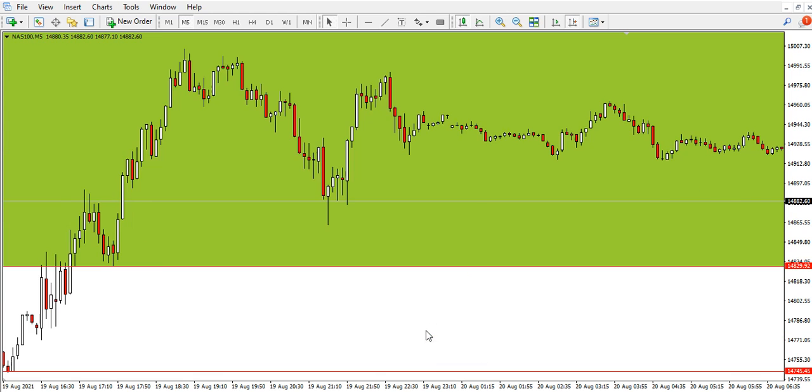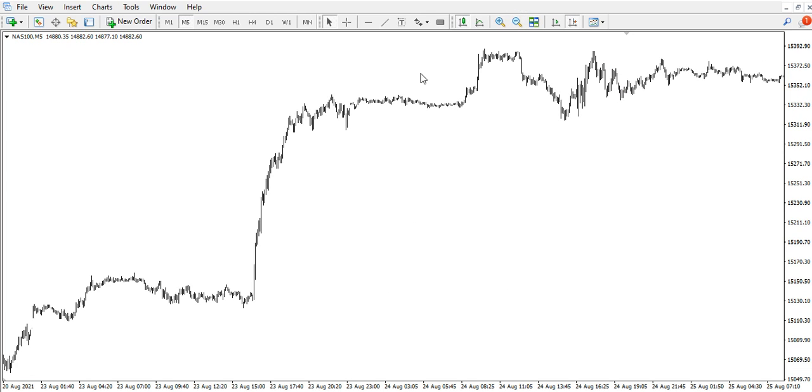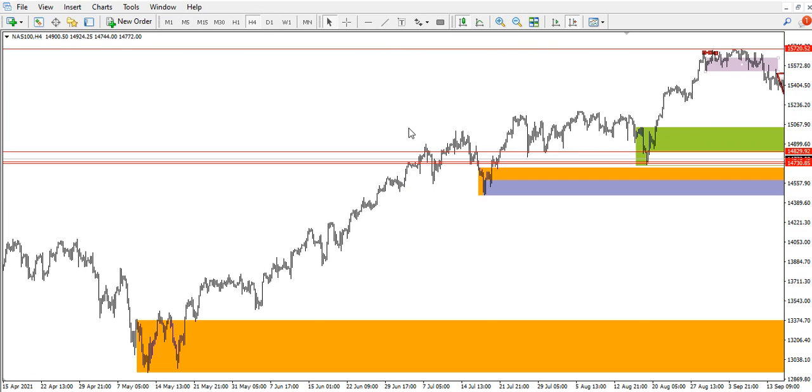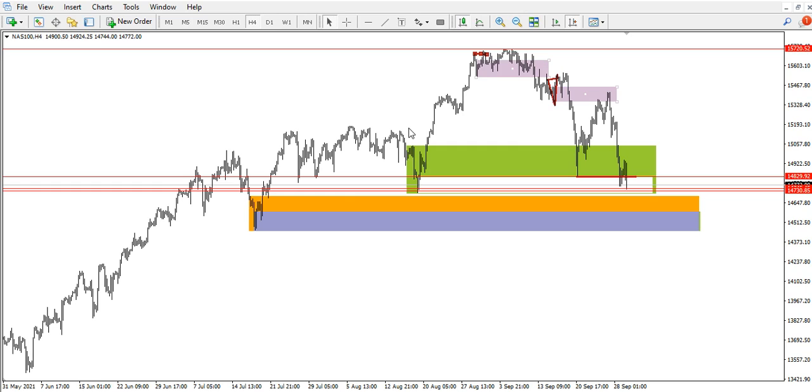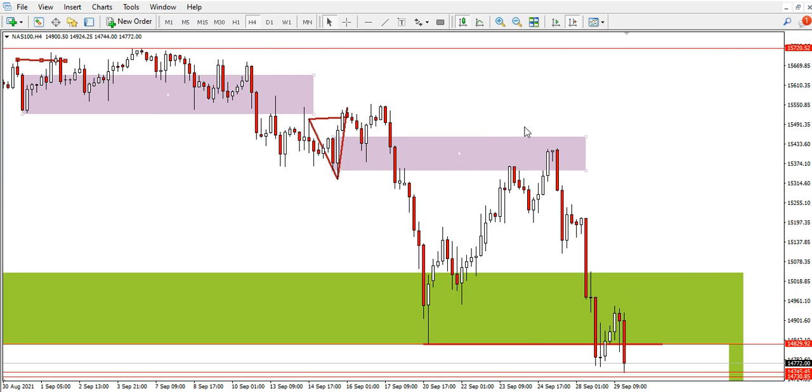So this is just what I wanted to show you guys on NASDAQ. But the question is, what's happening with NASDAQ now? Is it coming down to this order block, or will it just reject from this swing low? We have to investigate that on a higher time frame first, on H4.